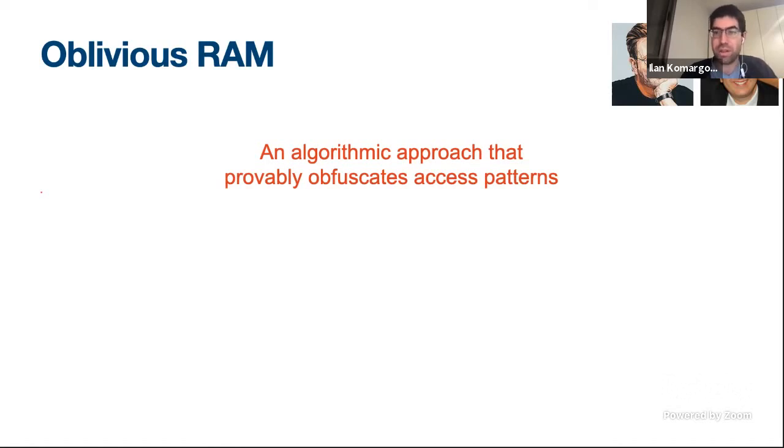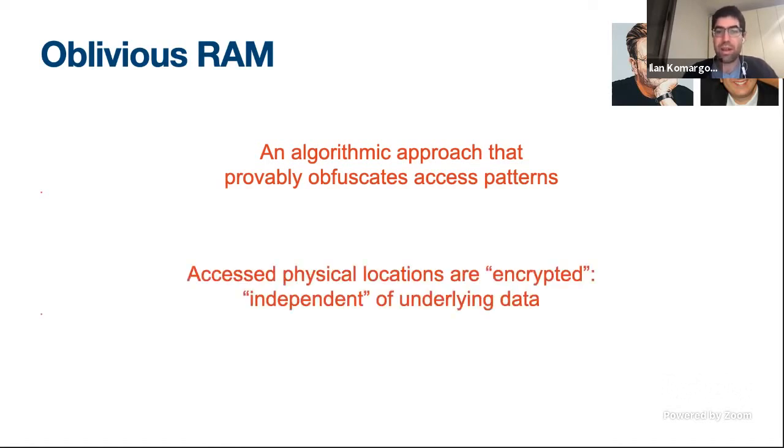There are naturally many ways to define it. Three very common ways: computational independence, meaning that a computationally bounded attacker will not learn anything about the underlying data by looking at the access patterns. There's a statistical variant, which allows the distinguisher to be computationally unbounded.